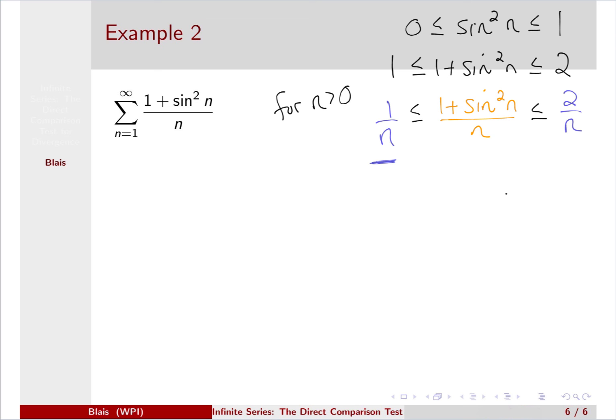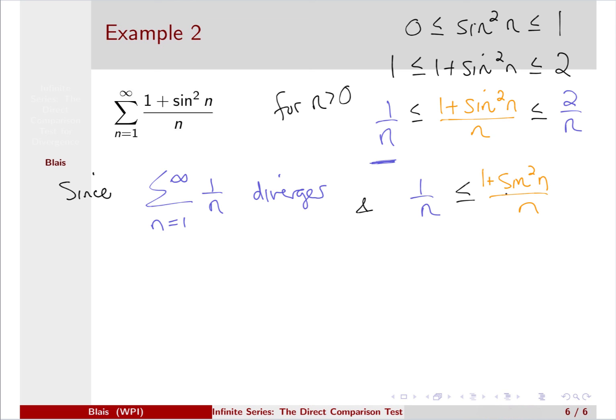So since the sum from n equals 1 to infinity of 1 over n diverges, again, it's the harmonic series, and 1 over n is always less than or equal to 1 plus sine squared n over n, we have found a sum of terms that is infinite, but each term is smaller than our given term.